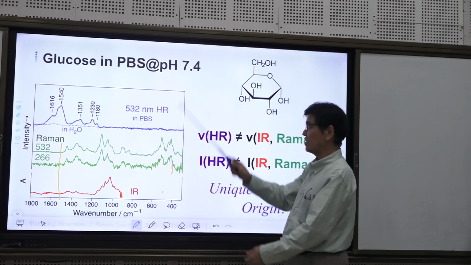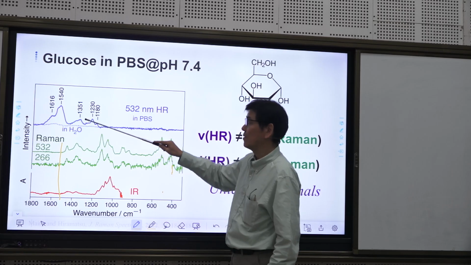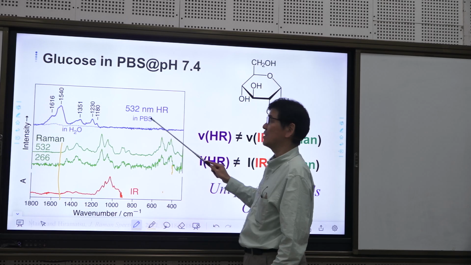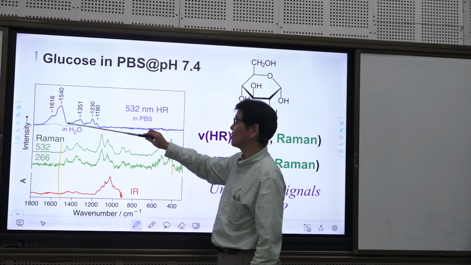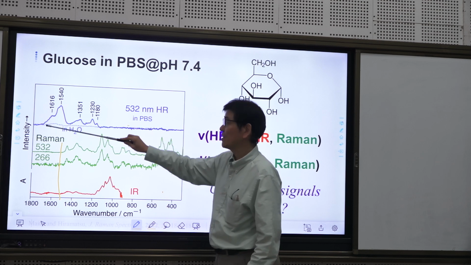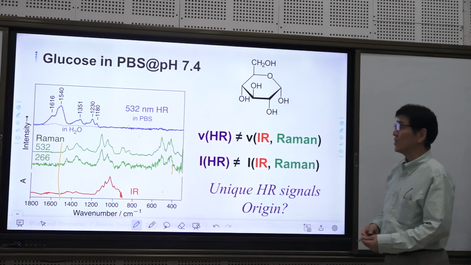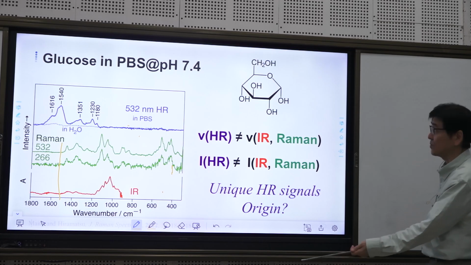And more strange, in the phosphate buffered saline we detect signals, but when we remove phosphate buffer and NaCl, that is, when we dissolve the glucose in H2O, then the signal disappears. It's quite new, surprisingly new, honestly speaking.